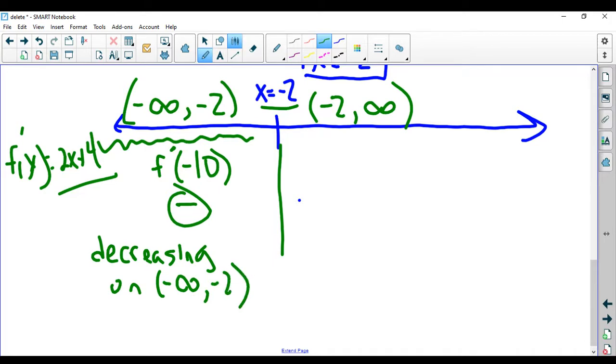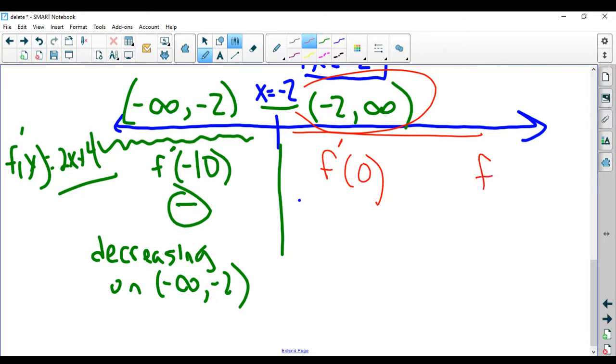Now I'm going to jump over to this interval. I'm going to do the same thing. I'm going to take the first derivative. I'm going to plug in any number on this interval into the derivative. It looks like the easiest number in this interval would be 0. 0 is between -2 and infinity. And if you plug it into the first derivative, remember the first derivative is this, you will get 4.